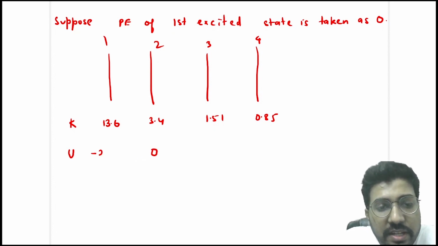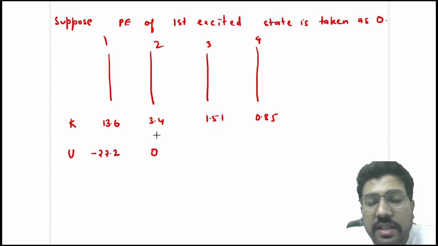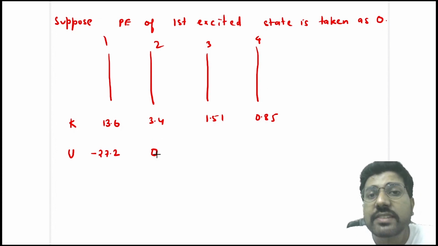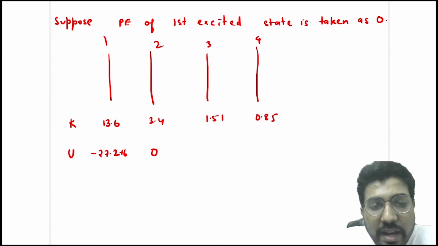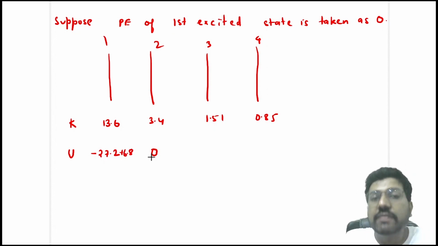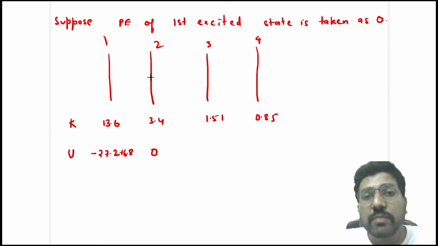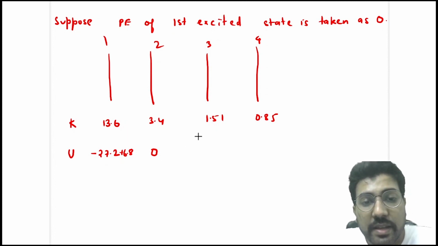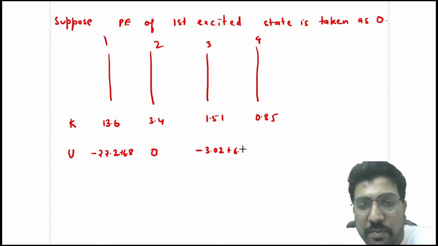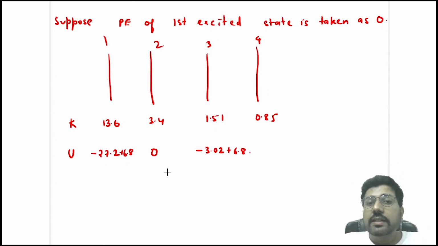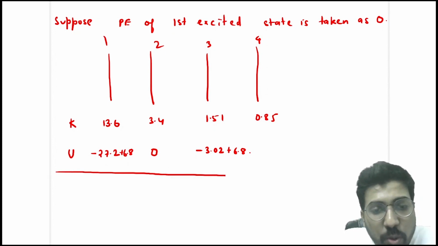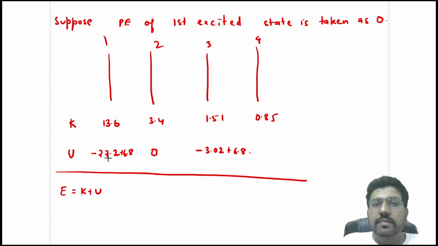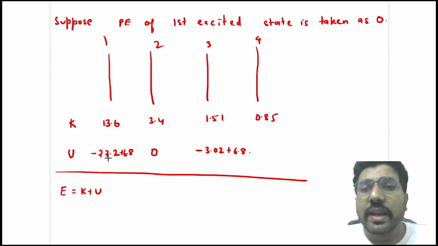Now this originally has minus 27.2 and this originally has minus 6.8, but now it is zero. That means you have added 6.8. So here also if you add 6.8, then the difference will remain same. The difference of potential energy always should remain same. So this will be minus 3.02, which used to be, now plus 6.8. Okay, so when you find the total energy, just add K and U. Okay, so they can give you any system.